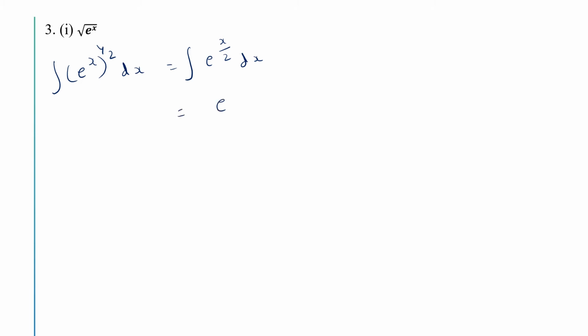So this is equal to e raised to x by 2 divided by the coefficient of x, that is half, plus c. So this is equal to 2 into e raised to x the whole raised to half plus c, or it is equal to 2 into root of e raised to x plus c.